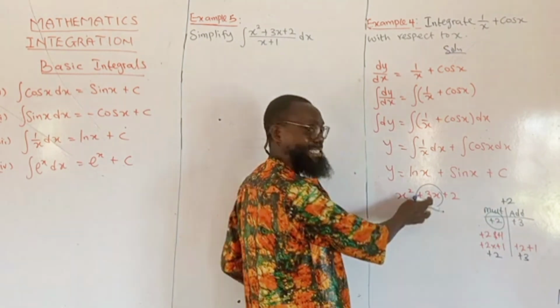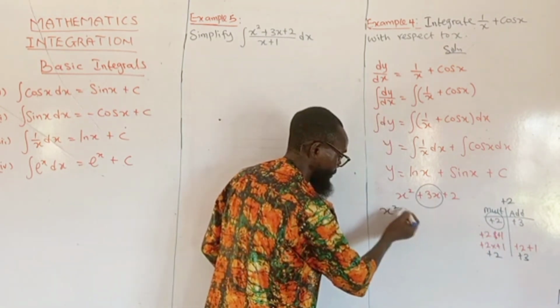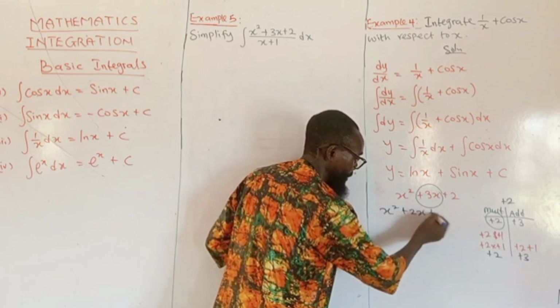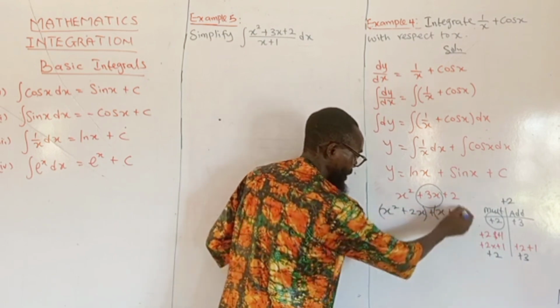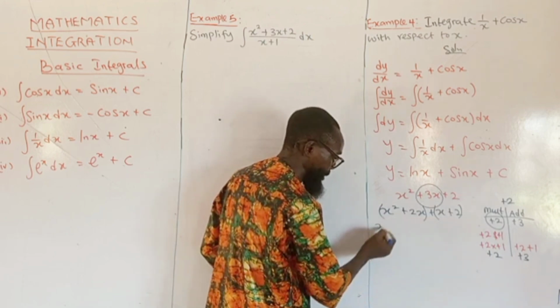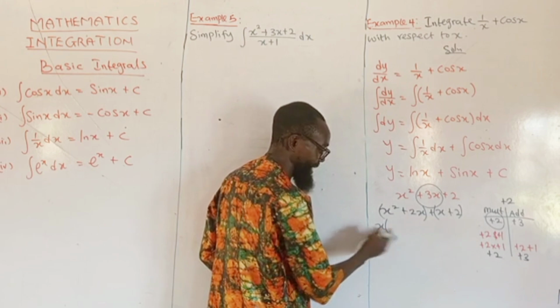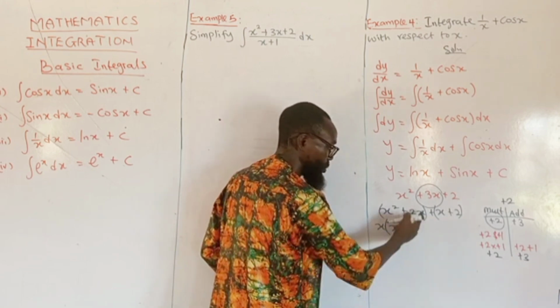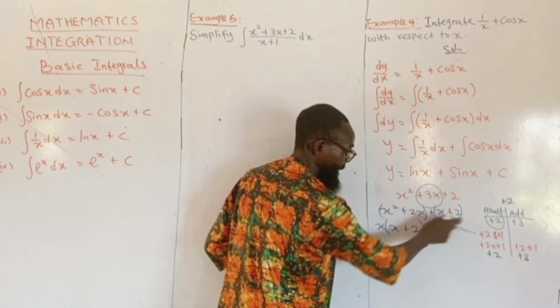Then, I will eliminate the middle number and put plus 2 and plus 1. x squared plus 2x plus x, then plus 2. Then, what is common in both? I have x is common. Open your brackets. x squared divided by x remains x, plus 2x divided by x remains 2. Then plus, what is common here?